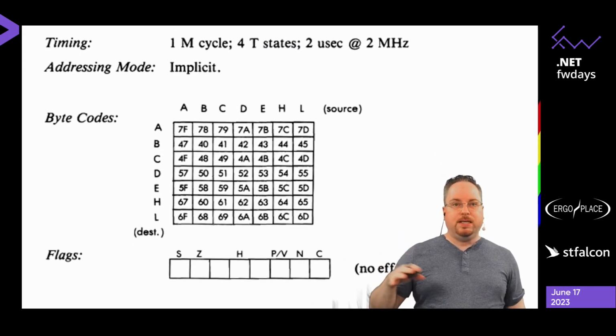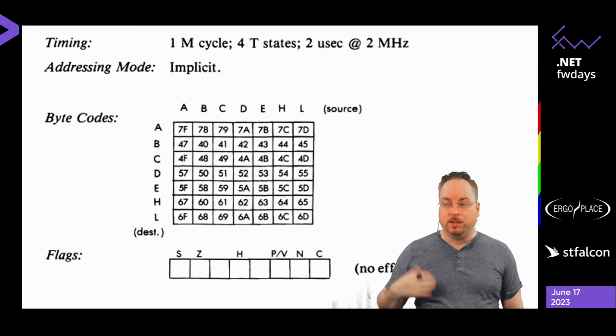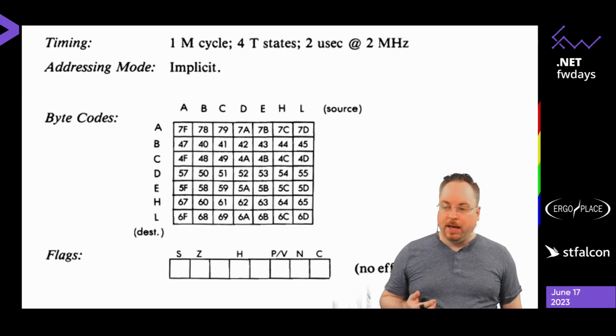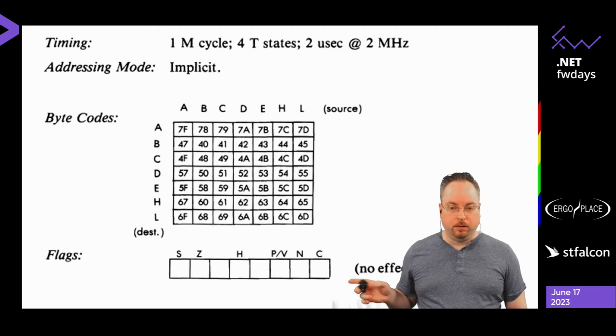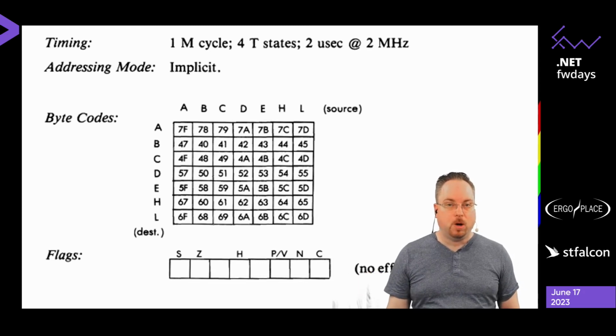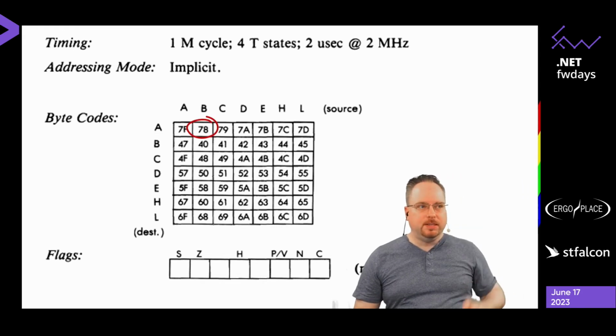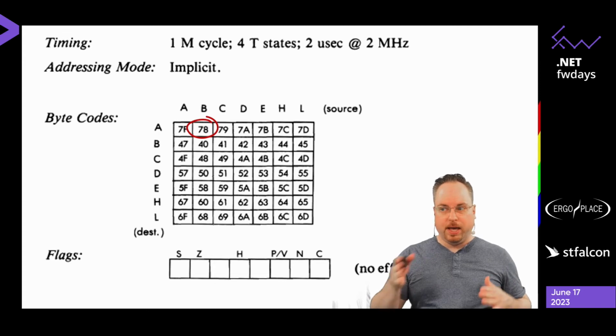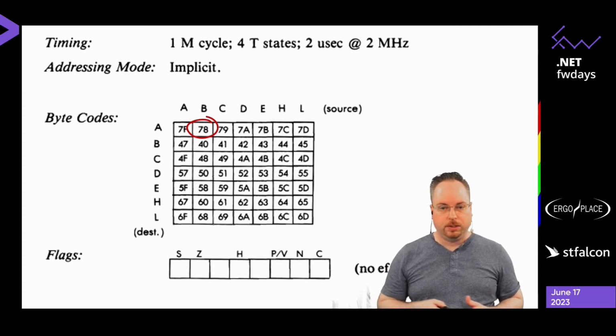So we can see that the code 78 loads A with B. And we also see down here that the flags have no effect. We would not change any flags when we're doing this. Okay, great. So we can see that 78 is load A with the B register.